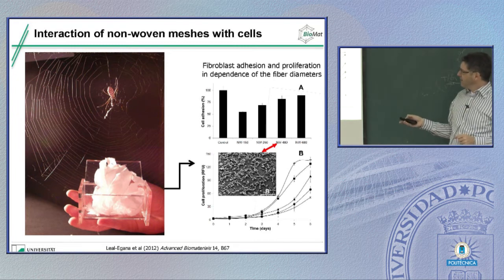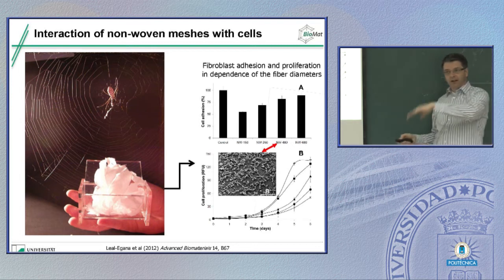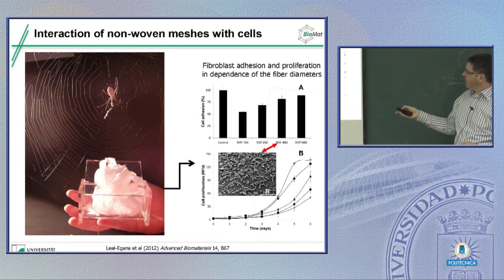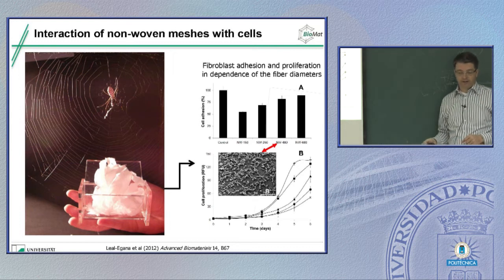And as you can see, the proliferation is accompanied, of course, with adhesion. If you don't have adhesion, you cannot have proliferation. So the nonwovens with the low diameters, with low adhesion, also have the low proliferation rate. And the higher the adhesion, also the higher the proliferation.